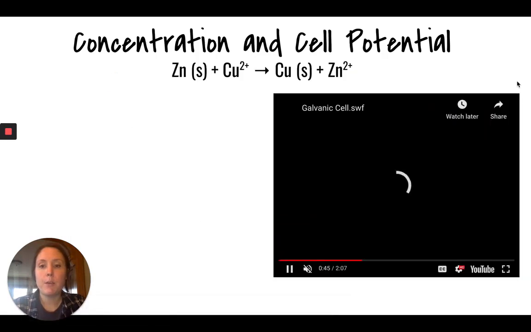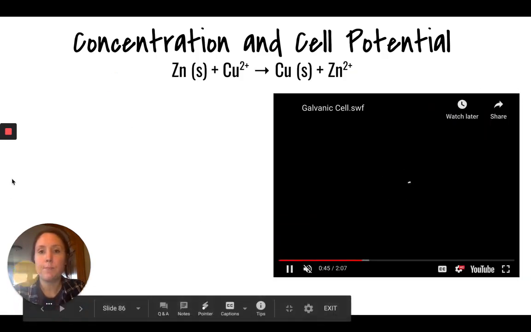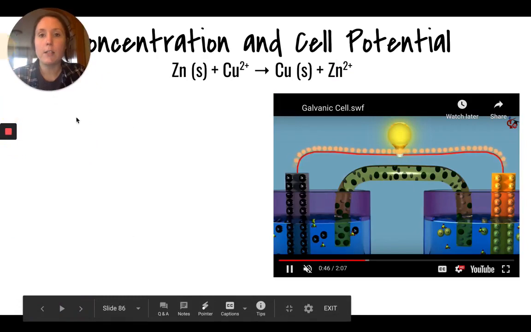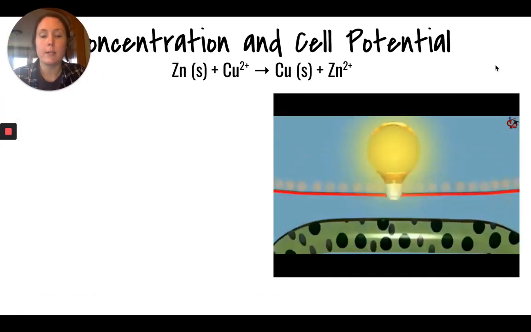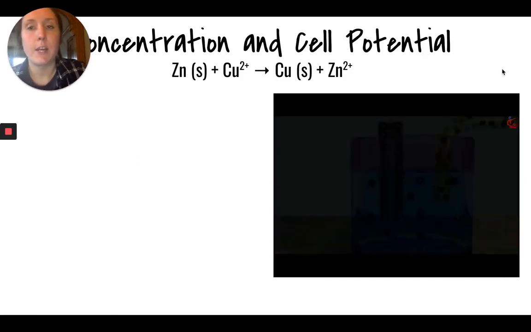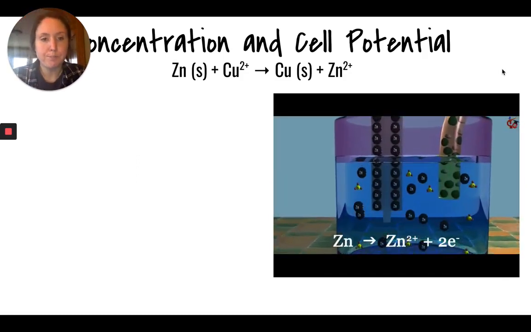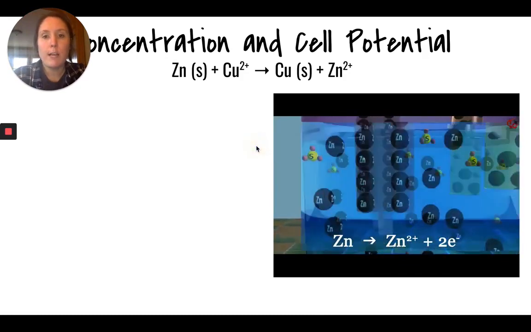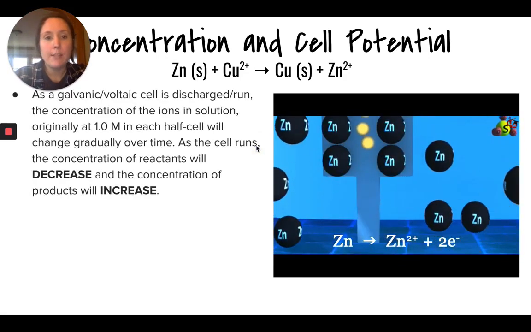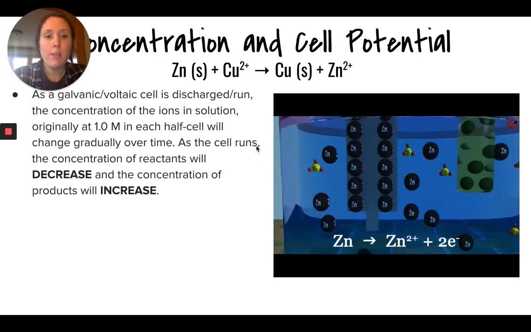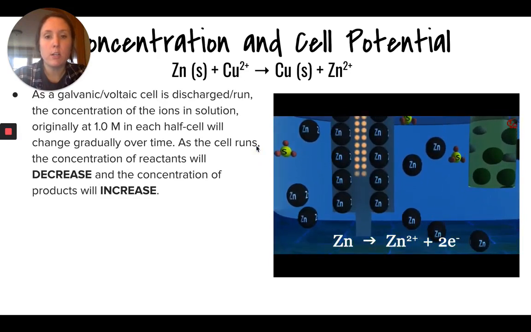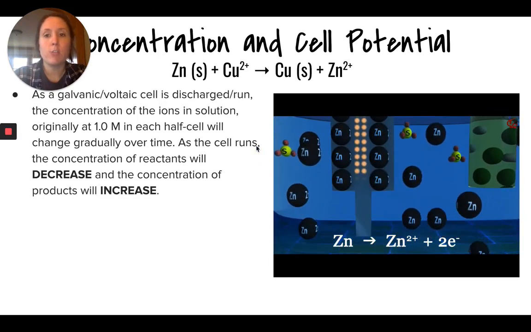Here's an example of zinc solid reacting with copper ions to form copper solid and zinc ions. Over here is showing a kind of animation of the cell that's happening. So over time, as this cell is running, while the concentrations initially started at 1 molar, they will change over time.